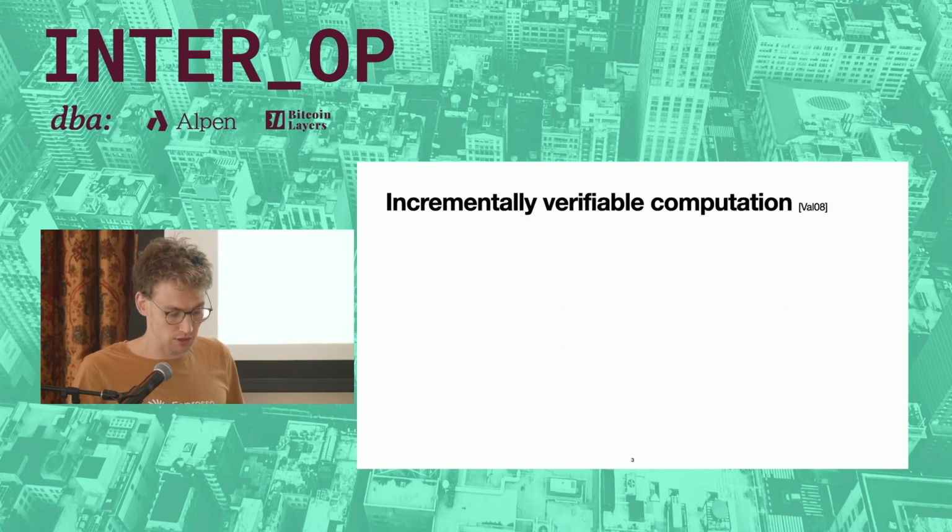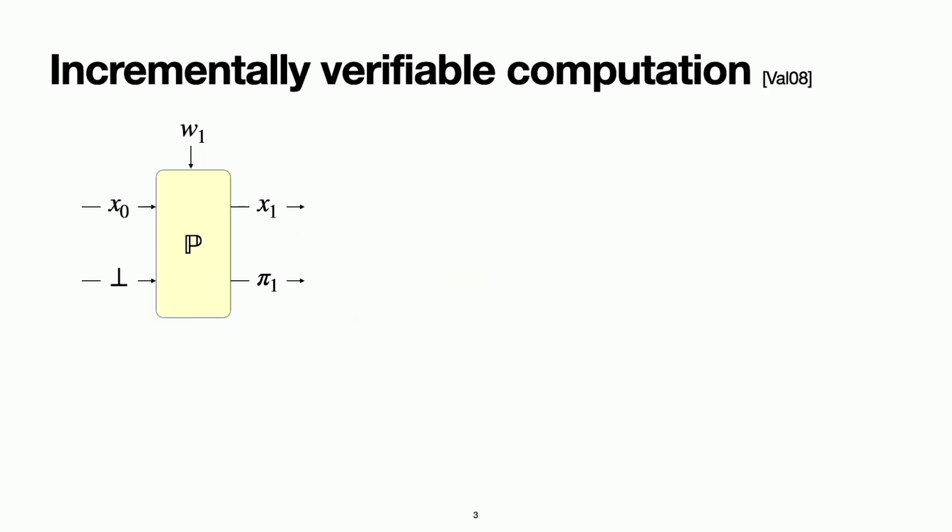So the solution to this is something called incrementally verifiable computation, where at any point of the computation, I take the current state of the computation and a proof, and then I prove that the next step of the computation was done correctly. I can increment the computation, and I can also increment the proof.